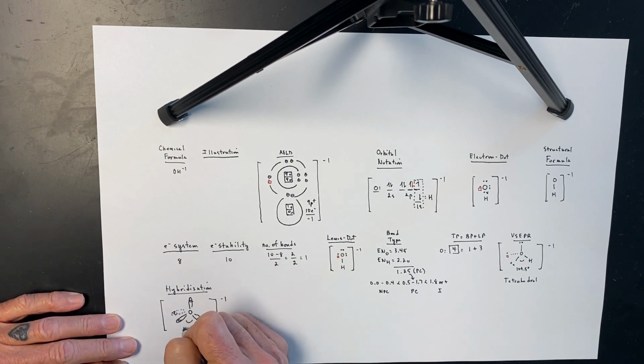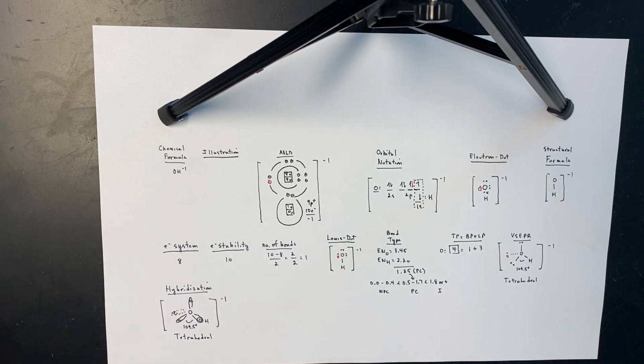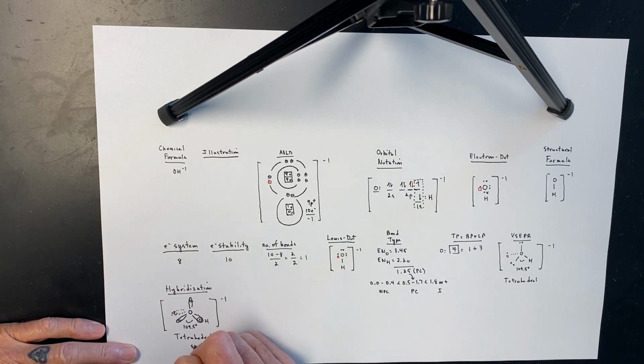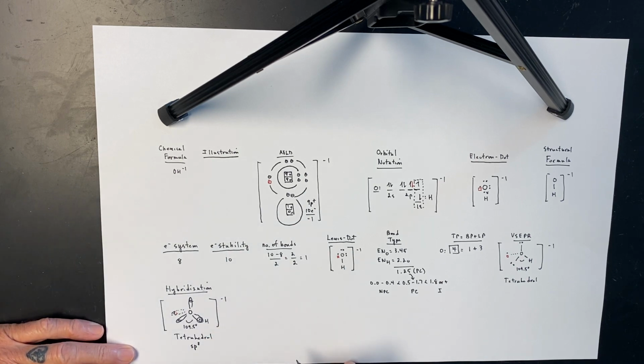The bond angle is predicted to be 109.5 degrees, and we're going to say that this is a tetrahedral arrangement. Okay? And then, we can't forget that the predicted hybridization scheme is sp3.